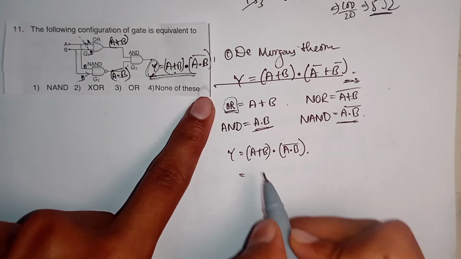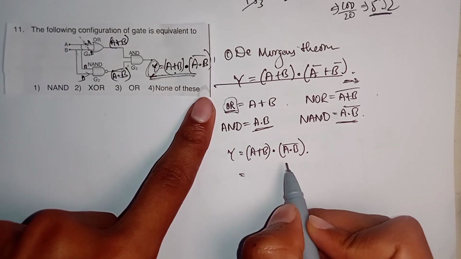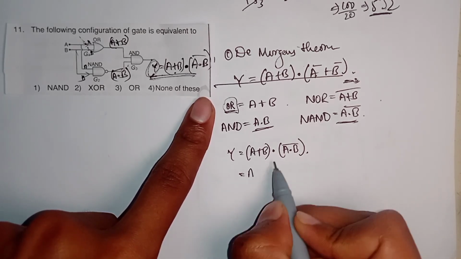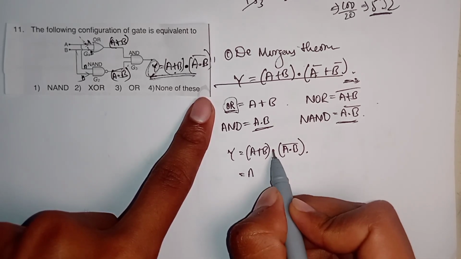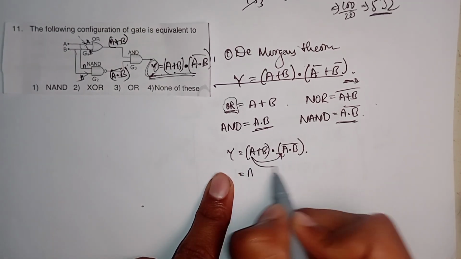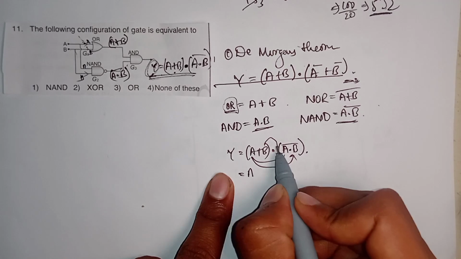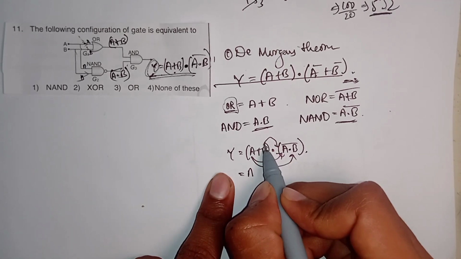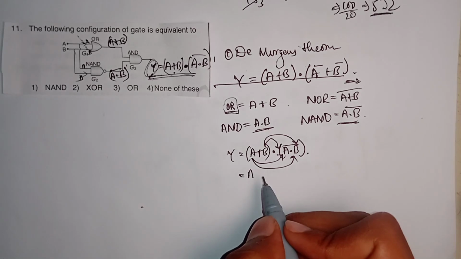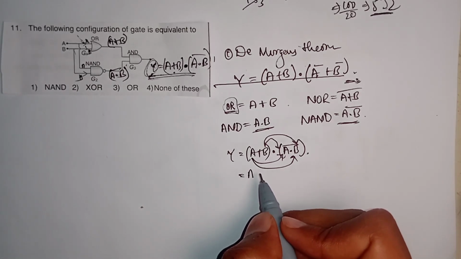This is a multiplying equation. We have to solve it by multiplying A to A bar, A to B bar, B to A bar, B to B bar, like that.